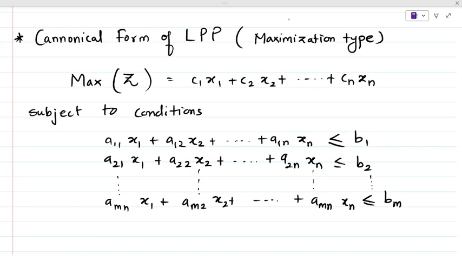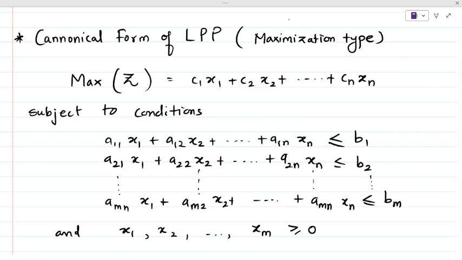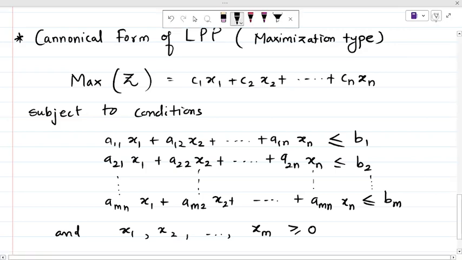And finally we have the non-negativity conditions, which are x1, x2 up to xn greater equal to 0. All of them are greater equal to 0. So this is the maximization type of question for canonical form.